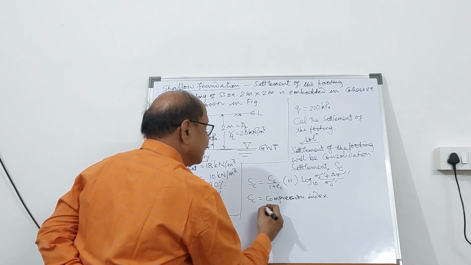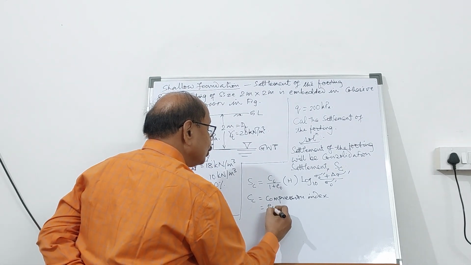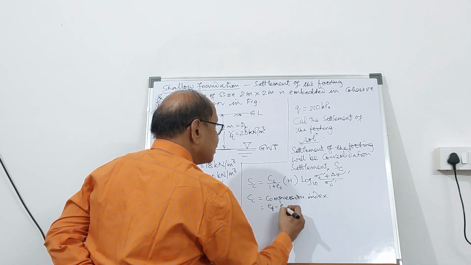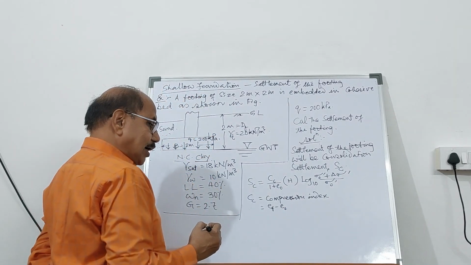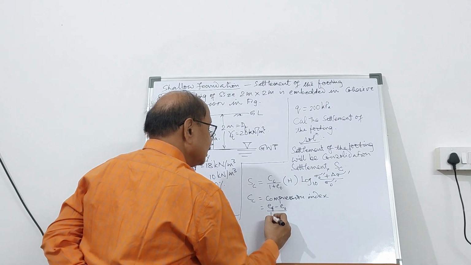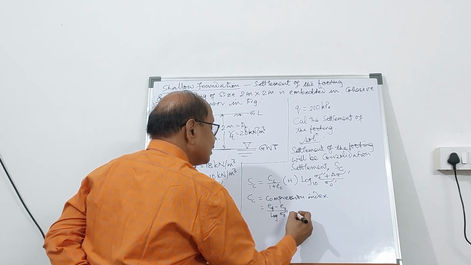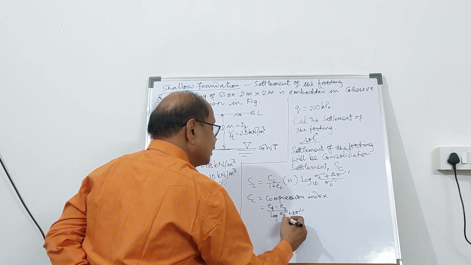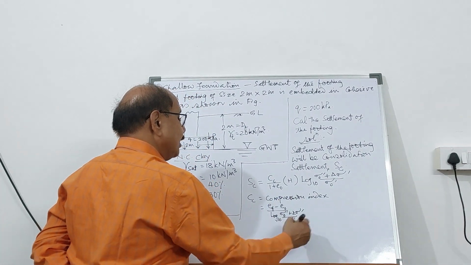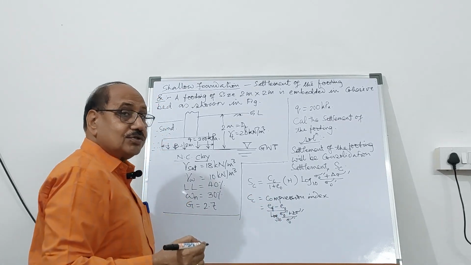The Cc can be calculated by knowing the final void ratio after application of the load minus the original void ratio without application of the load, divided by log of sigma naught prime plus delta sigma prime divided by sigma naught prime to the base 10. This you can find out by performing a consolidation test.